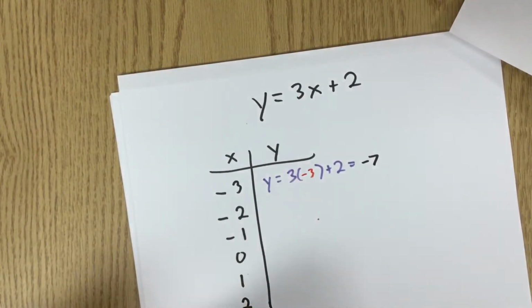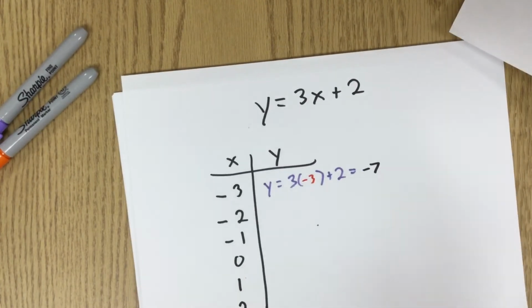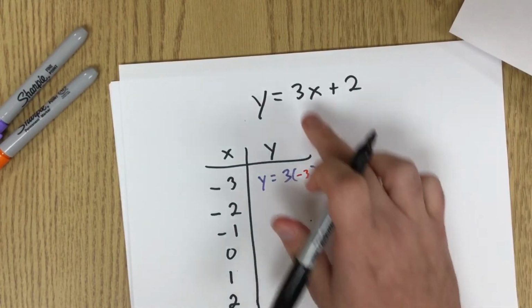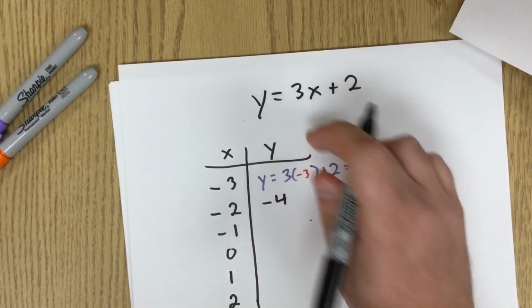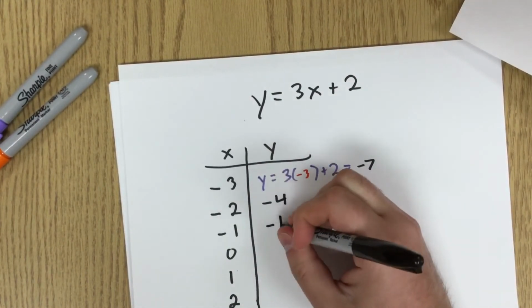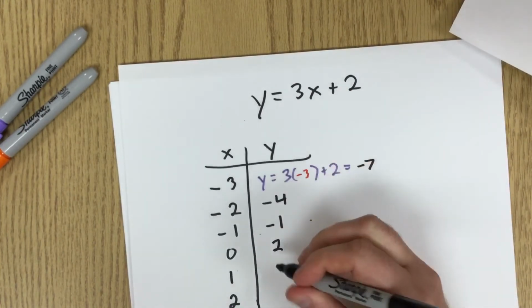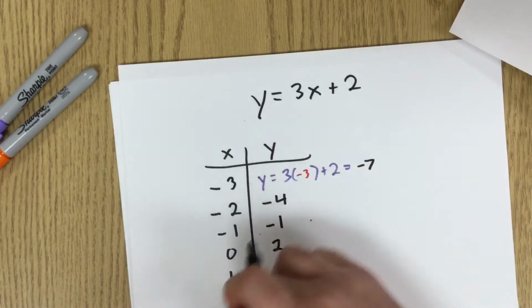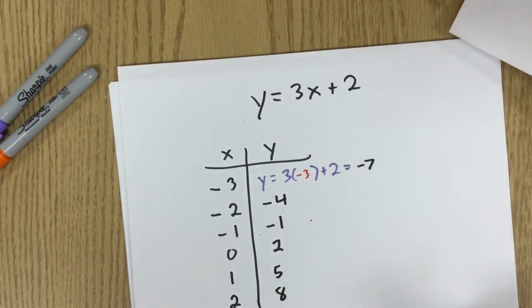I don't necessarily have to write this whole thing out every time. If you're good enough, you could do it in your calculator or in your head. So 3 times -2 is -6, plus 2 is -4. 3 times -1 is -3, plus 2 is -1. That's the 0 case, we actually saw that one before. Then plug in the 2. 3 times 2 is 6. 6 plus 2 is 8.